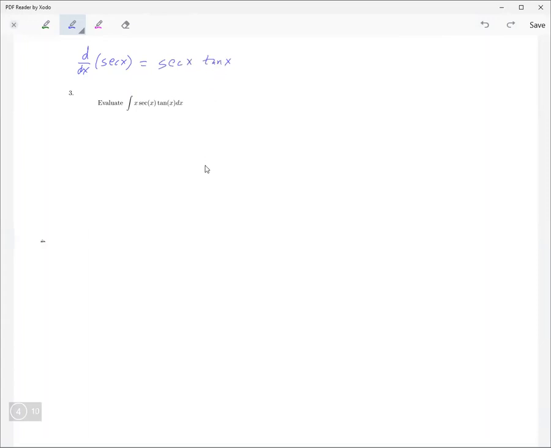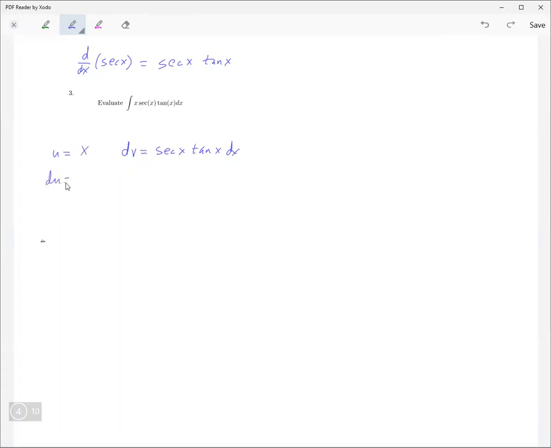Okay, so you can exploit this by doing integration by parts, letting all this be the dv part, and then the u part will just be this x.